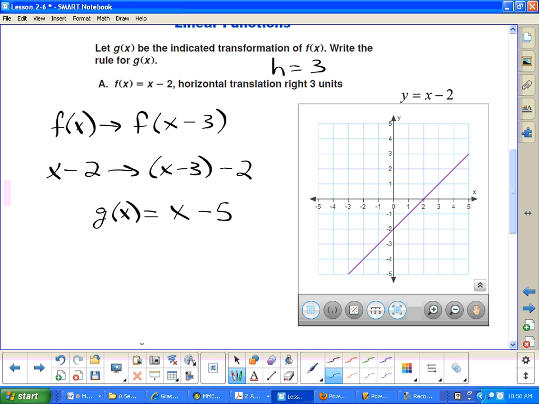If I put on here that we've gone 3 units to the right, this point here at 0, -2 is going to be at 3, -2. The point here at 2, 0 is going to be at 5, 0. And then we'll have the line that goes through those points, which is the line x minus 5, because look at the y-intercept. The y-intercept is at -5 still.